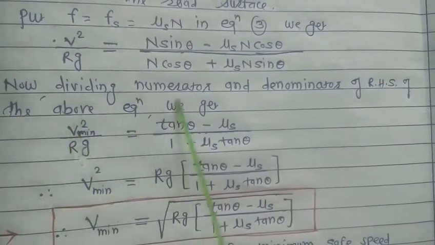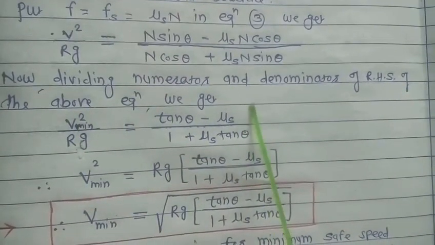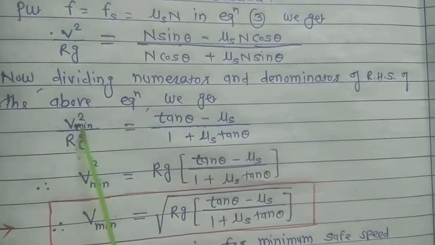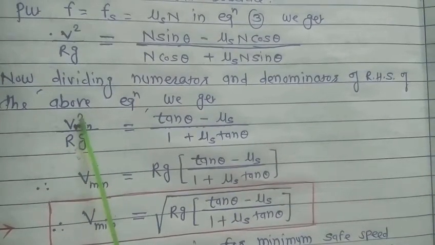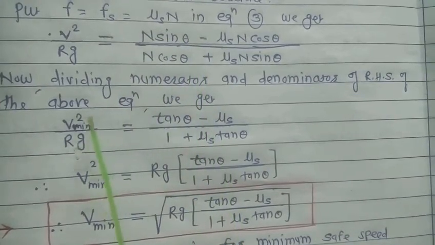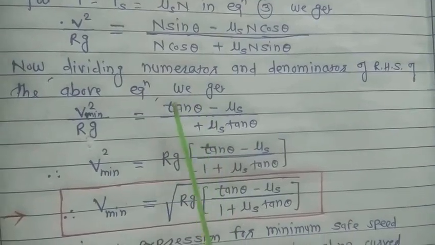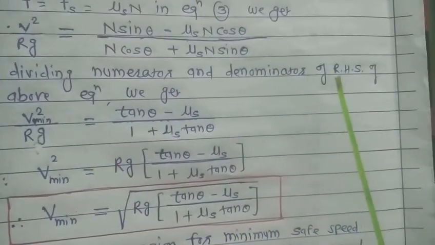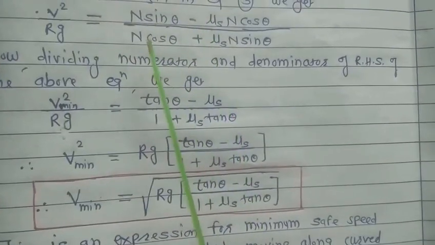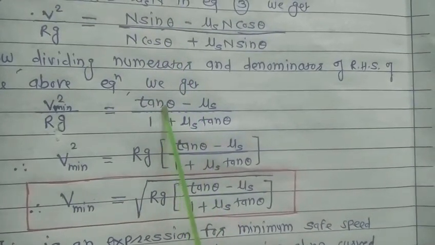Now dividing the numerator and denominator of the RHS of the above equation by N cos theta, we get LHS as it is. N cancels, therefore sin theta upon cos theta, that is tan theta.